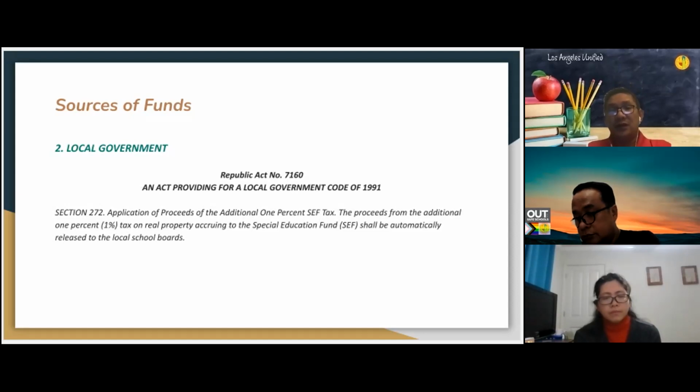In case of provinces, the proceeds shall be divided equally between the provincial and municipal school boards, provided, however, that the proceeds shall be allocated for the operation and maintenance of public schools, construction and repair of school buildings, facilities and equipment, educational research, purchase of books, periodicals, and sports development as determined and approved by the local school board.